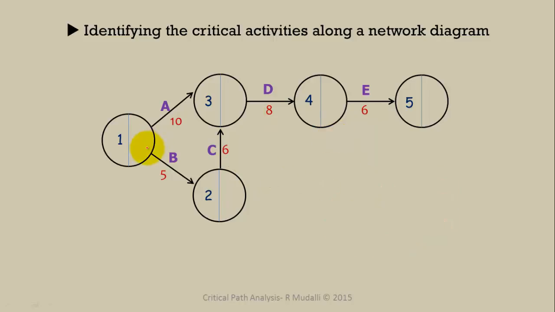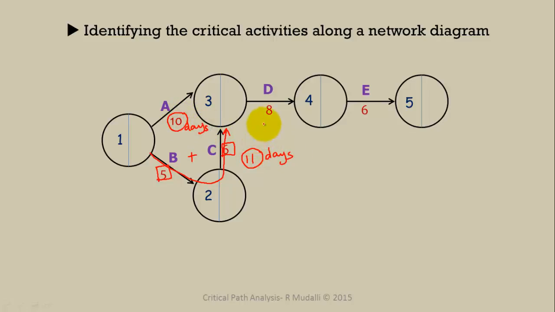Now let's get back again to this network diagram. So here, activity A has a duration of 10 days, while activity B and C have a duration of 5 and 6 days respectively. So it means that B and C in all take 11 days, 5 plus 6 equal to 11. So for B and C to get completed, they take 11 days, while A takes only 10 days.